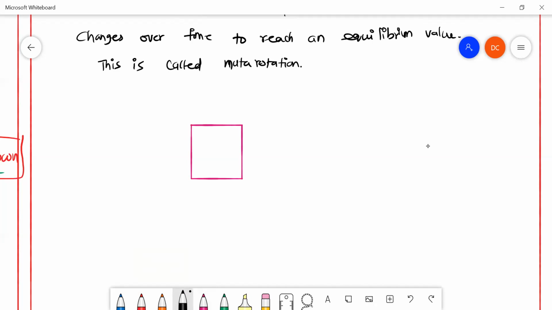Light passes through a glass prism, sir. Yes, you are right, but what is the difference between the initial light and the light after passing through the prism?